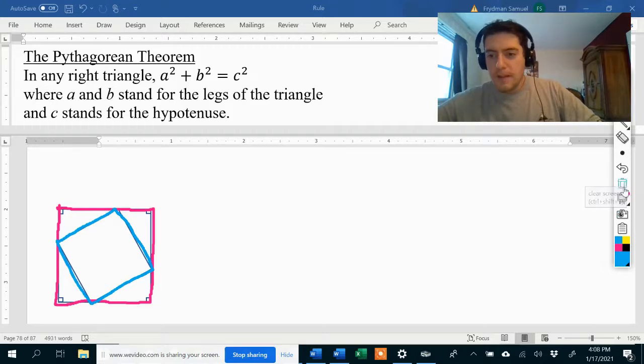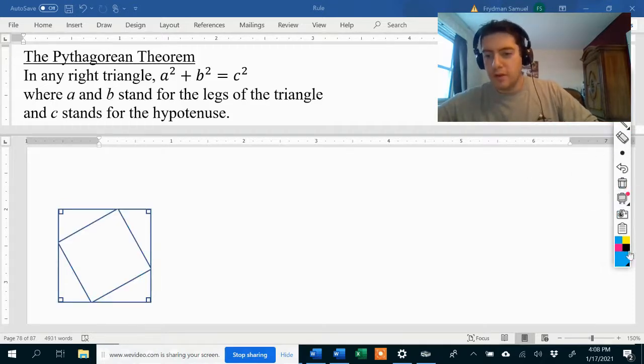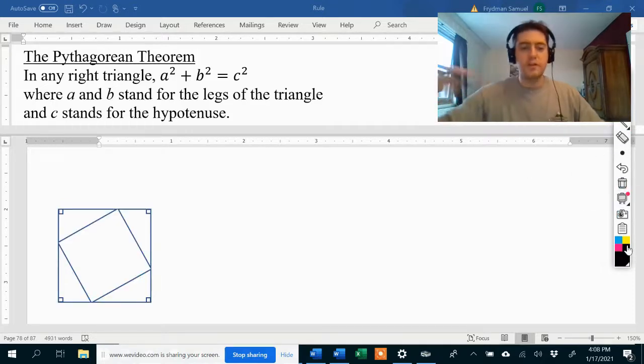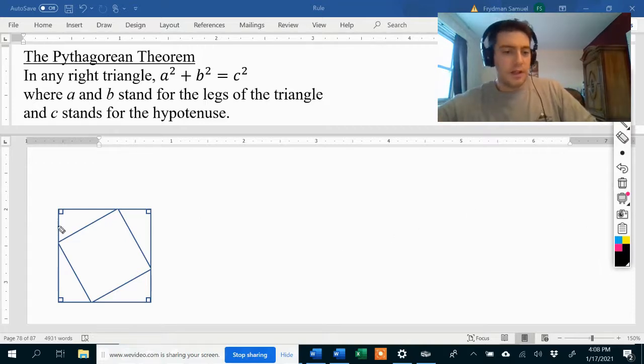And you know what, actually, before I go any further, I should probably label these. Really, I should have done that in the beginning. So let's just call this side length of the original triangle A, and we'll call this side length B, and we will call this side length C.